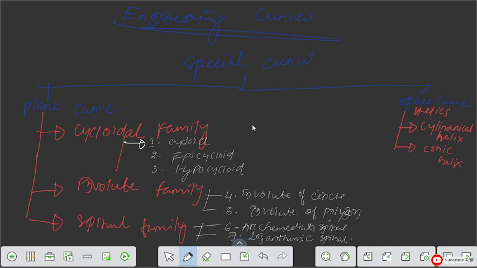So cycloid is further divided into two. One is inferior trochoid. Next is superior trochoid.